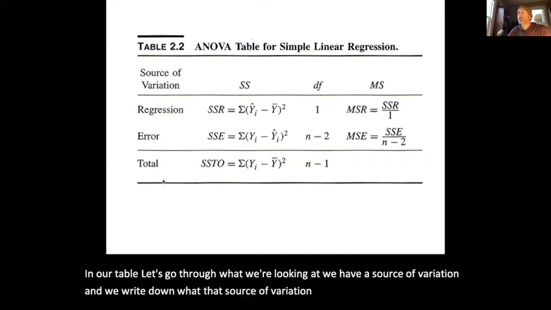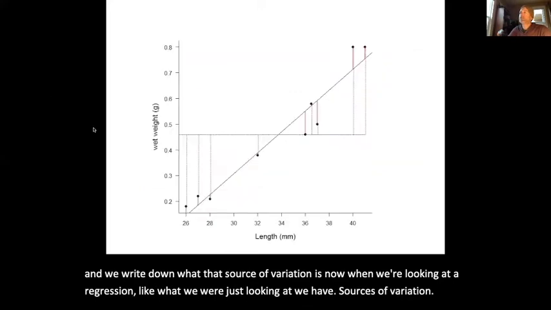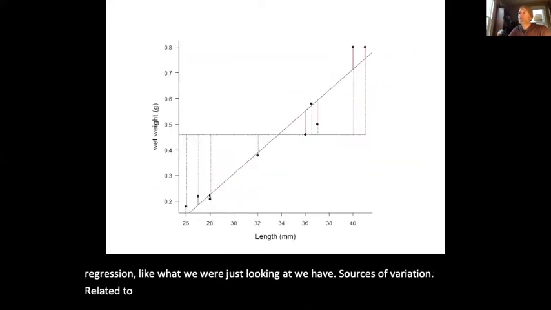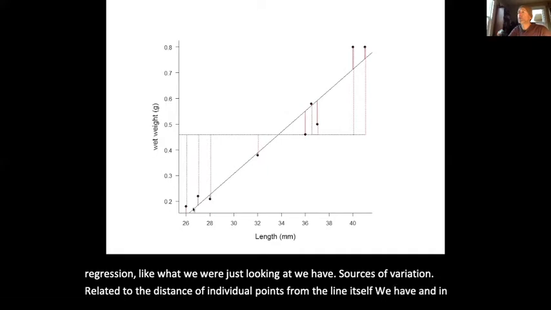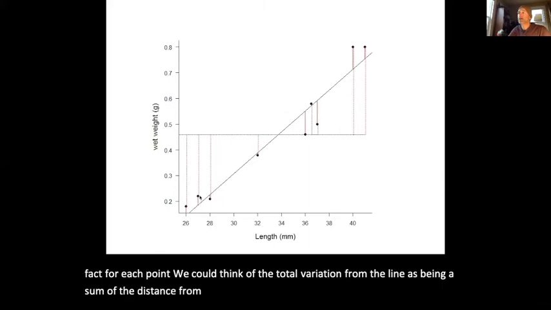When we're looking at a regression like the one we were just looking at, we have sources of variation related to the distance of individual points from the line itself. For each point, we could think of the total variation as being a sum of the distance from the point to the line and the point to the overall mean.